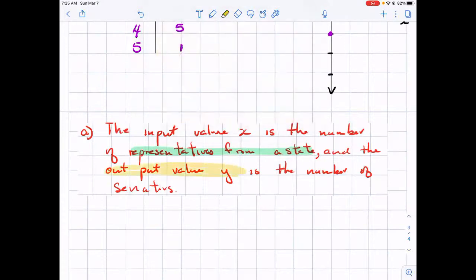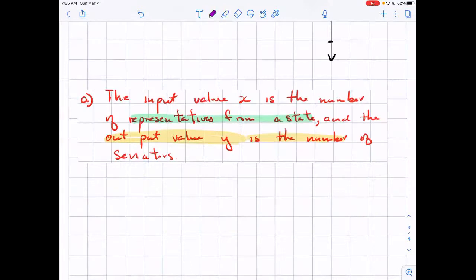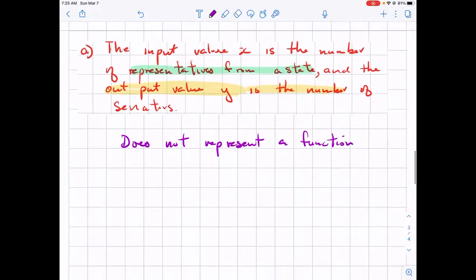So this does not represent a function, because that y value is a constant value. The y value does not change. It's a specific value.